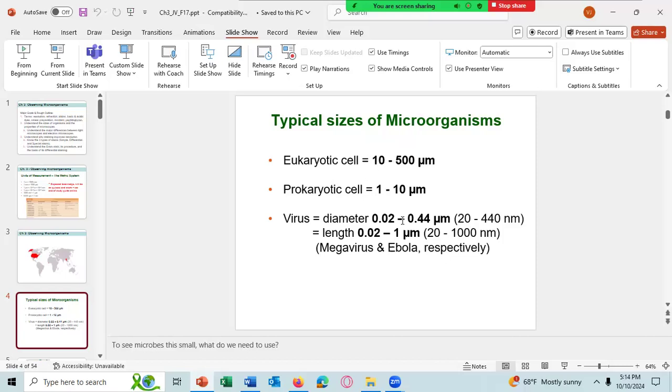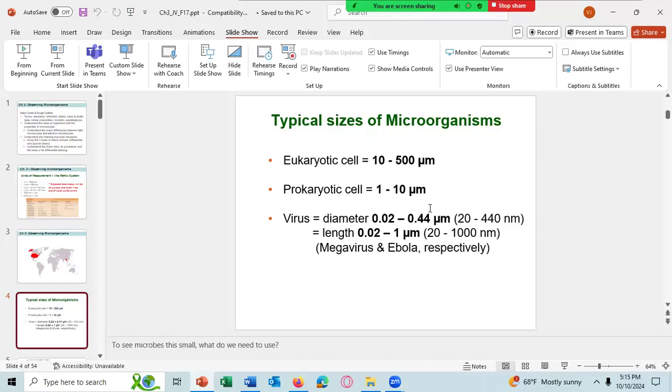And then a virus is about 1/10 the size of a prokaryotic cell. The very largest virus is actually up to the size of the smallest prokaryotic cell, and that's 440 nanometers or 0.44 micrometers. The smallest prokaryotic cell that they think is viable is 0.4 micrometers in diameter.